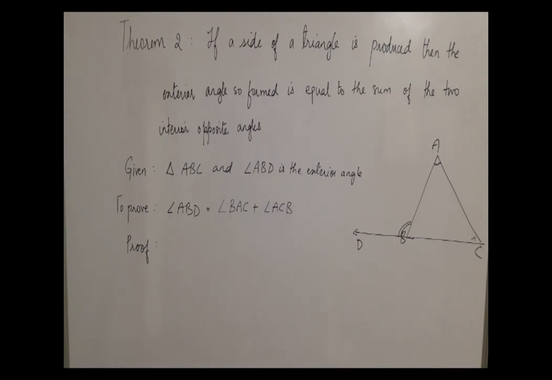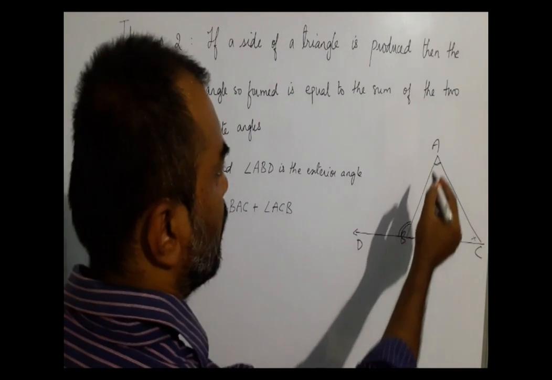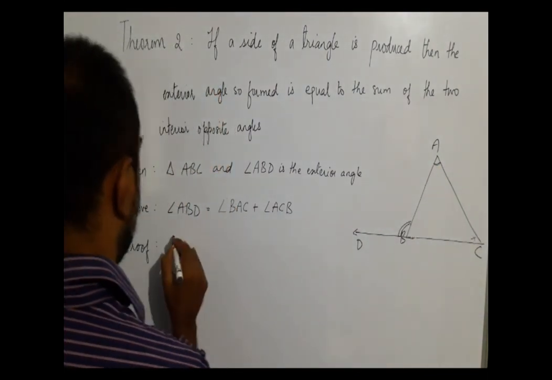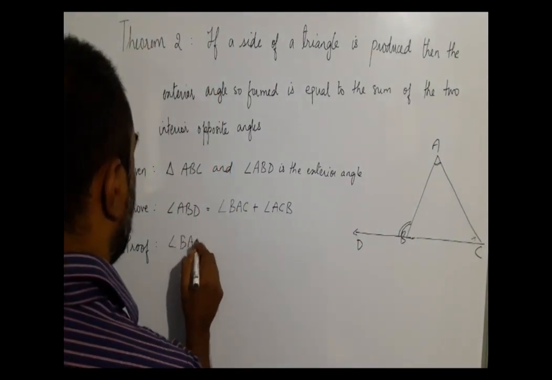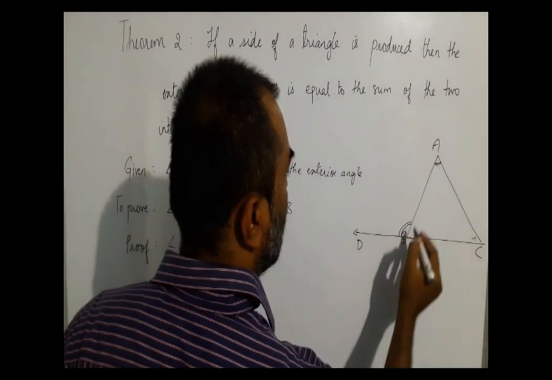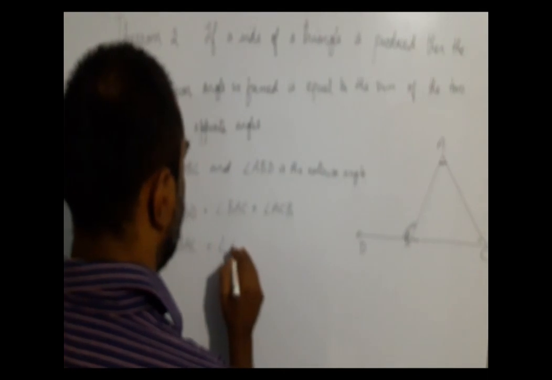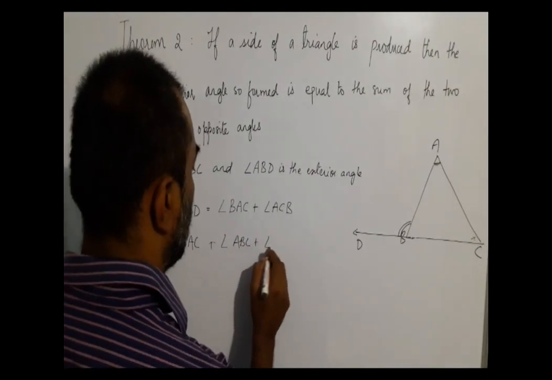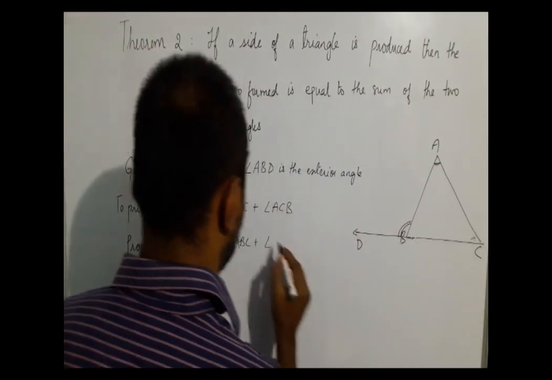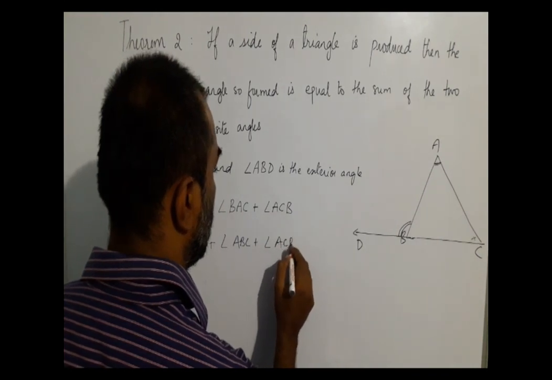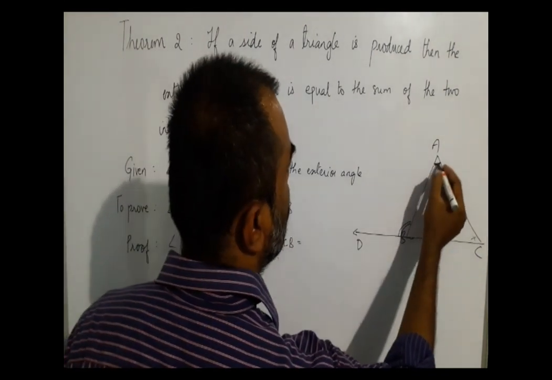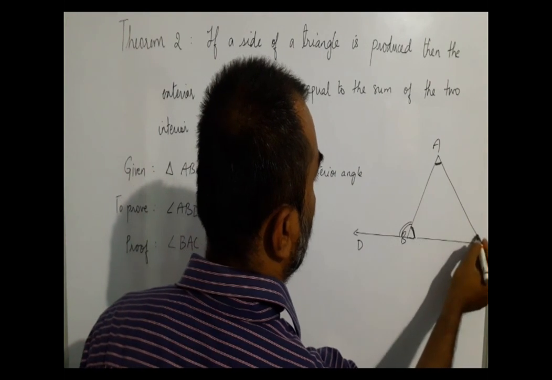Okay. What do we already know? The angle sum property. Let us write that first. Angle BAC, I can call it angle A also, but I am calling the full name. Angle BAC interior plus angle ABC plus angle ACB. Yes? So what is the sum of the three interior angles of the triangle?